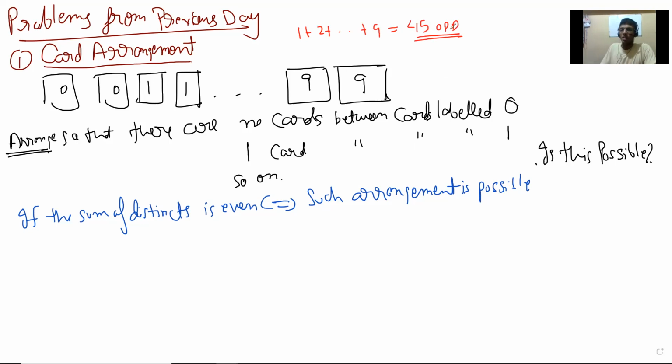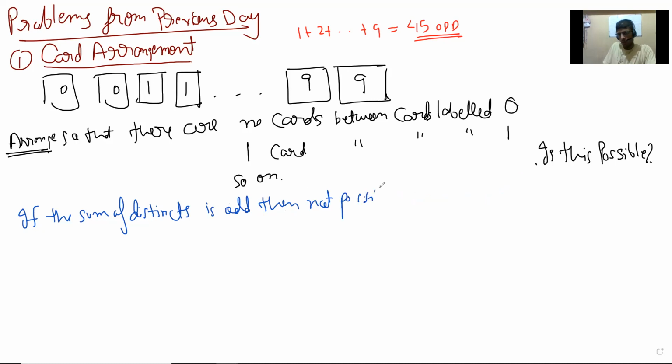So all we need to explain is that if the sum is odd, then it is not possible. So let's not focus on both directions and so on. Let's keep it simple now. If the sum of distincts is odd, then not possible. But how do we show this? Or if the sum is 45, then it is not possible.